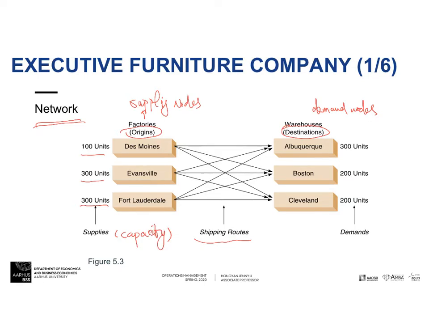And then in the demand nodes, we also know these quantities are the demands. So now the question is, in these arrows, we would like to calculate how many units they should move from each factory to each warehouse.